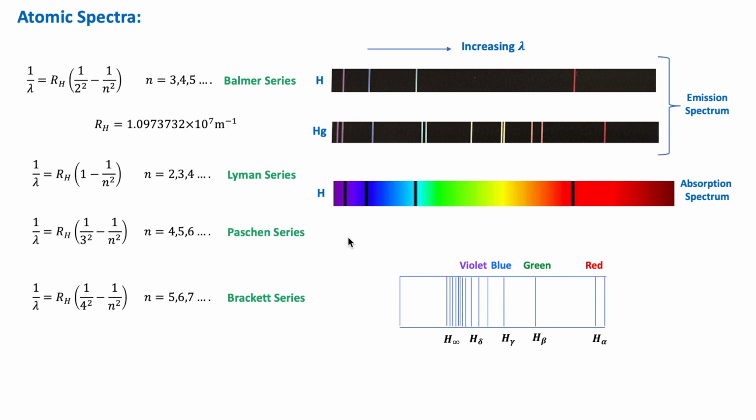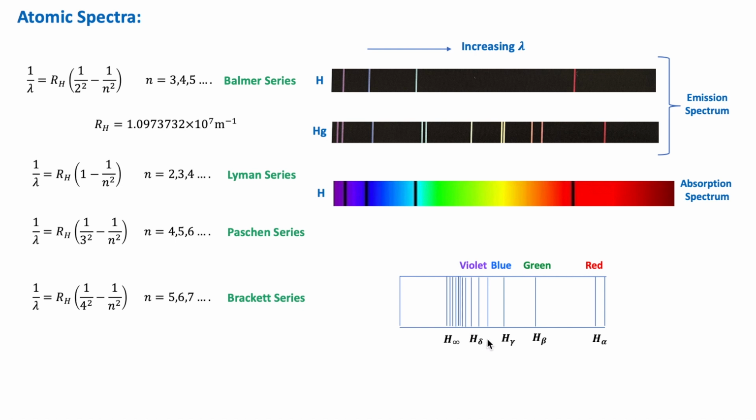Between 1860 and 1885, many scientists collected a lot of data using spectroscopic measurements, and in 1885, the Swiss scientist Balmer found a formula that predicts the wavelengths of 4 of the emission lines of hydrogen.